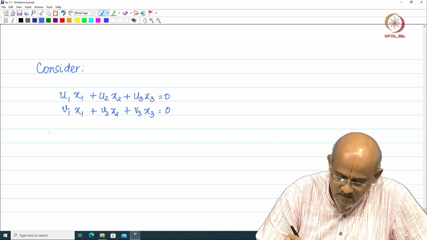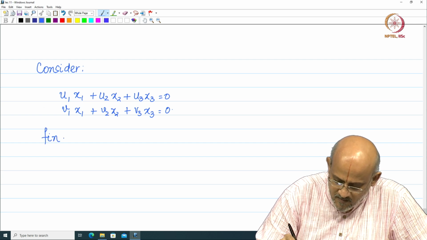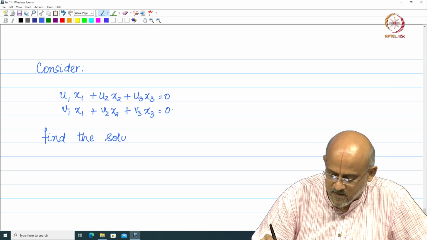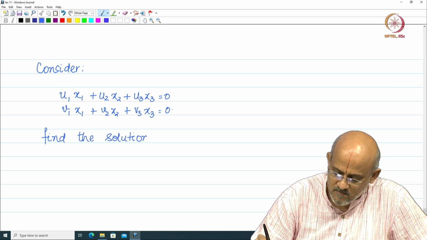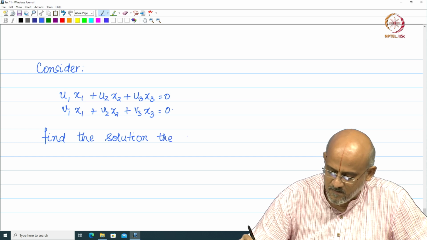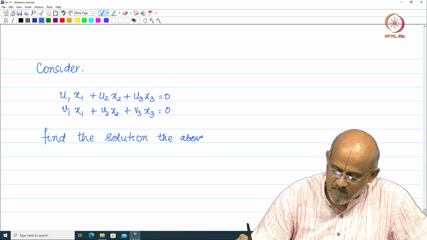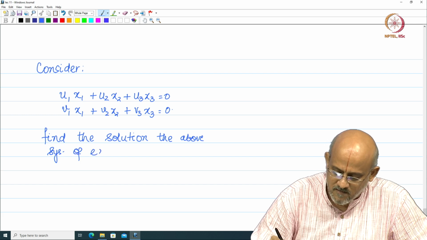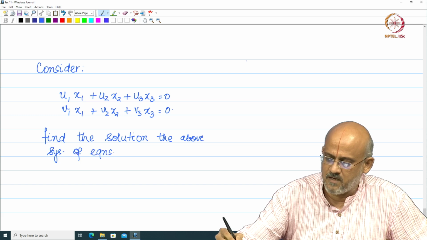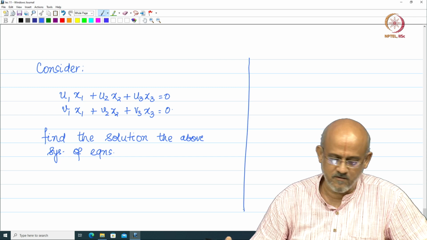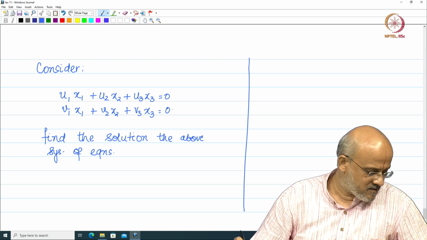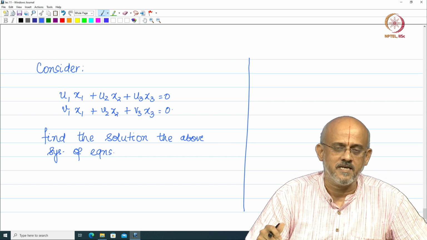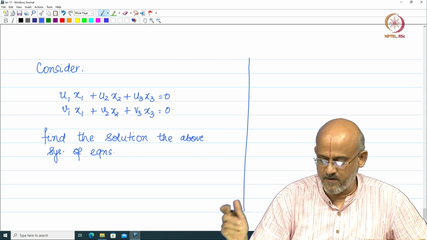So, the idea is to find the solution to the homogeneous system of equations above. That means we want to find out the values of x1, x2, x3 which basically satisfy this set of equations.